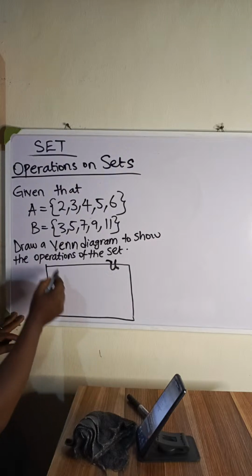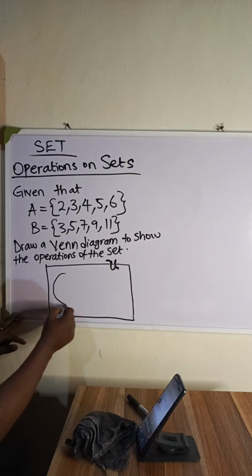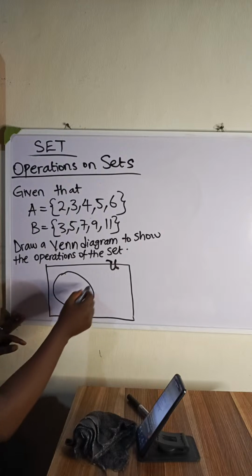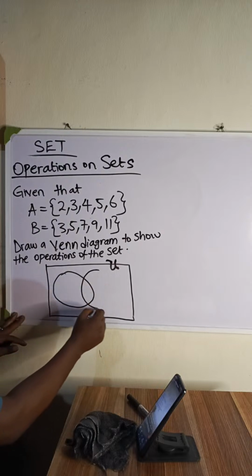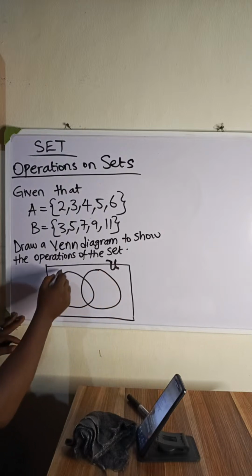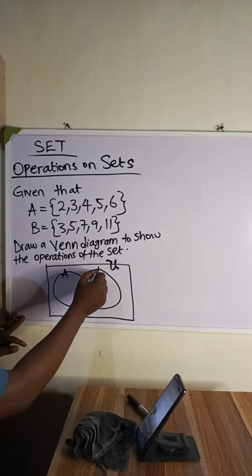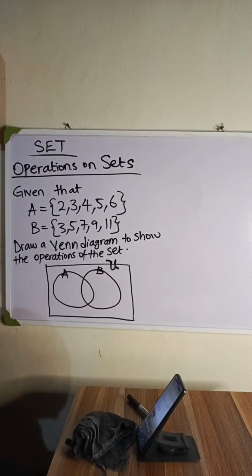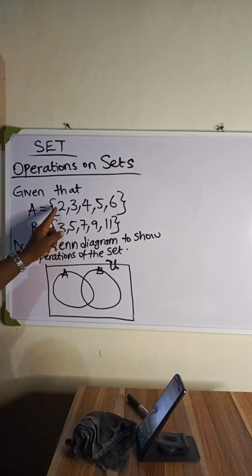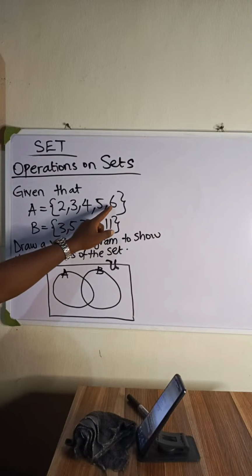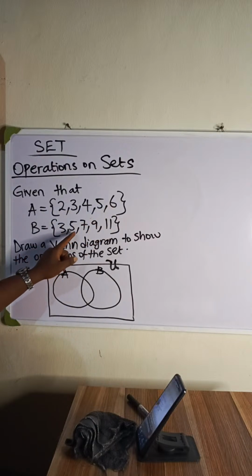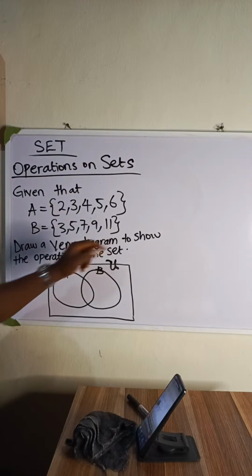So set A, set B. A has 2, 3, 4, 5, 6. B has 3, 5, 7, 9, and 11.